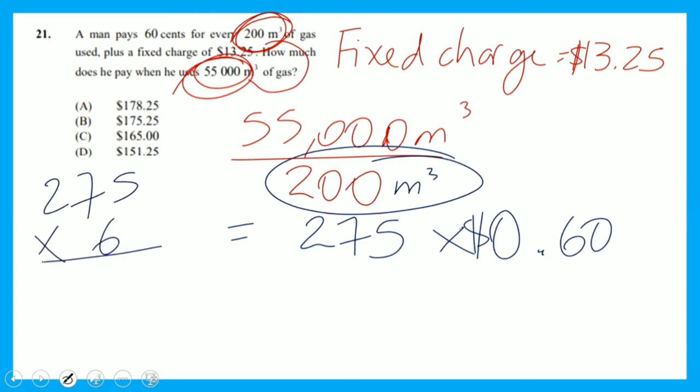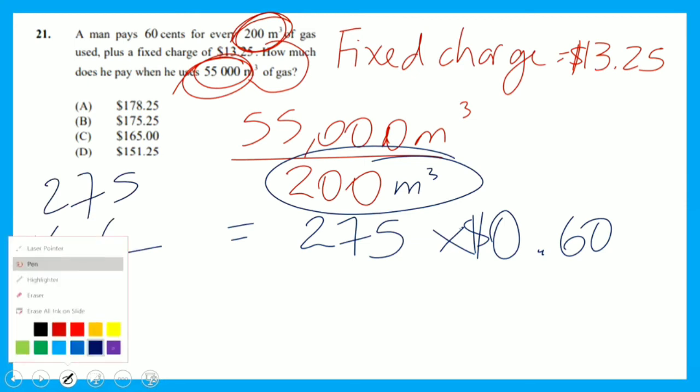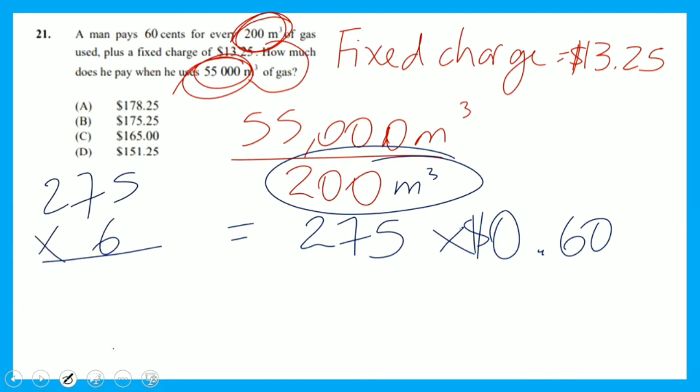And of course, one of the short strategies we would have looked at in a video before is that we can ignore the decimal point for a while. 275 times 0.6. If you're ignoring dollars and cents, you can just leave off that extra zero at the end. Once you multiply these, we are going to end up with 1,650.